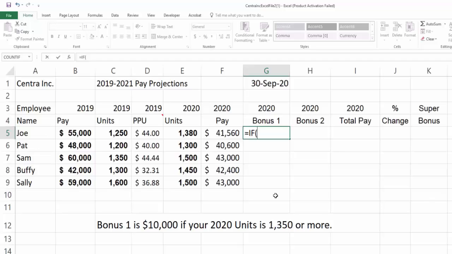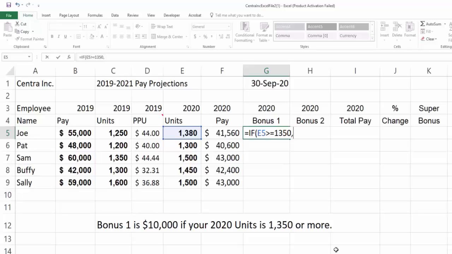Now in this case, I'm going to say, hey Excel, if this number, the units, is greater than or equal to 1350. Now, if you're not sure about greater than, less than, not equal to, there's a little write-up in the basic Excel guide. You can have a look, okay? They're called Boolean operators.